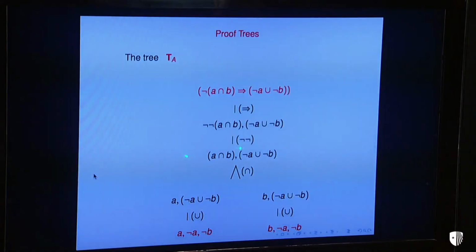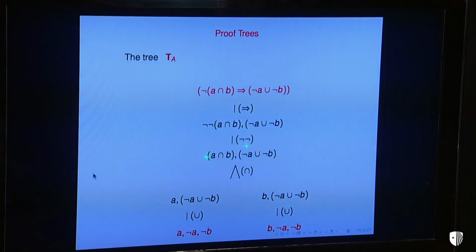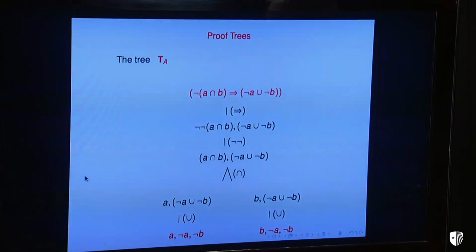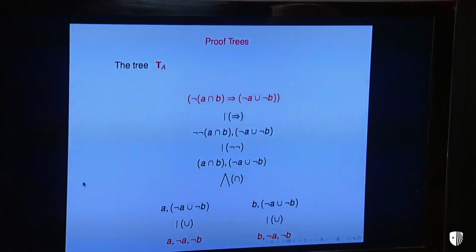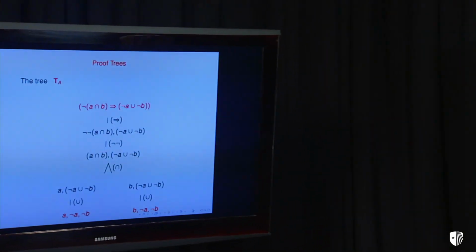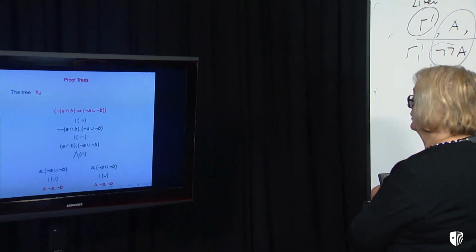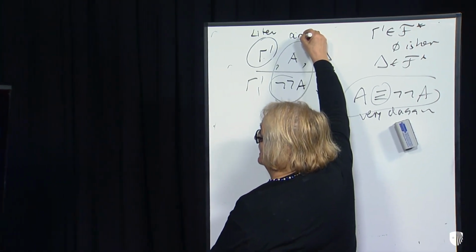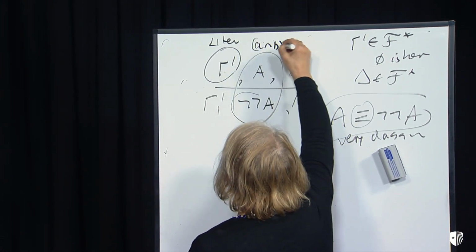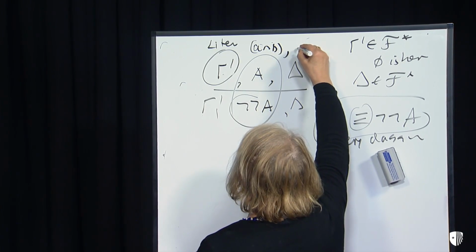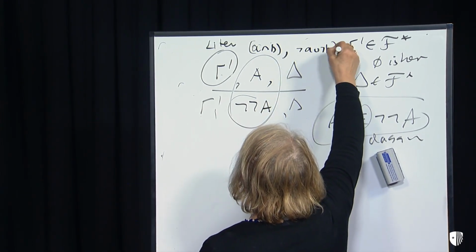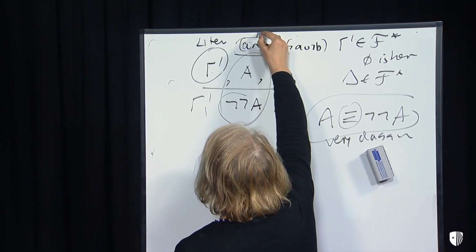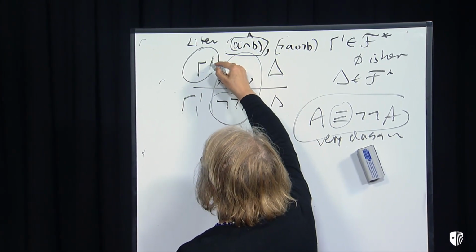Gamma prime is empty here, and to the first one I can apply it, but not to the second, because the rules have those gamma primes. So if you have the sequence A and B, here is not A or not B, so now my A is here and gamma prime is empty.